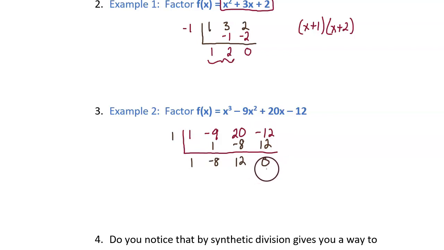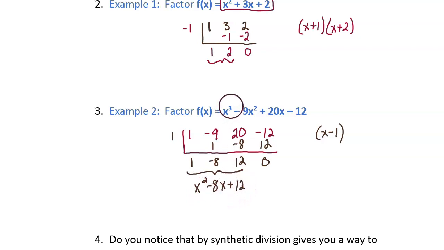The remainder is 0. That tells us two things. The number 1 is a 0 of this function, but it also tells us that one of the factors is x minus 1. Now, what are the other factors? Look right here. We can use these coefficients to know that the quotient is x squared minus 8x plus 12.